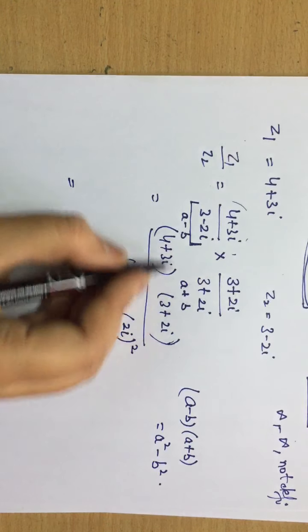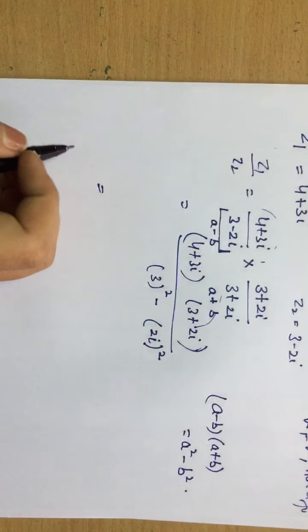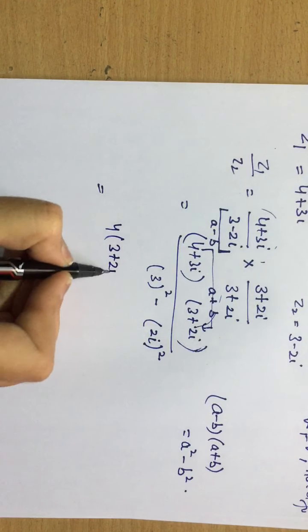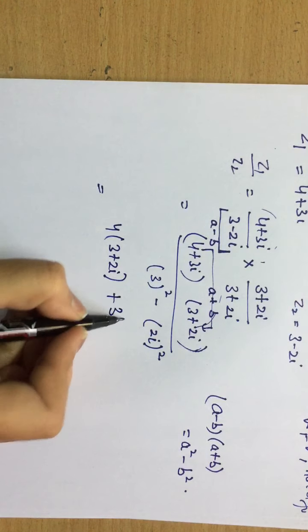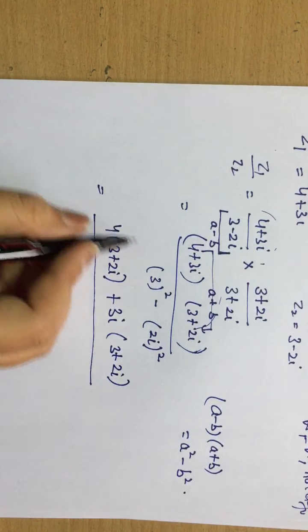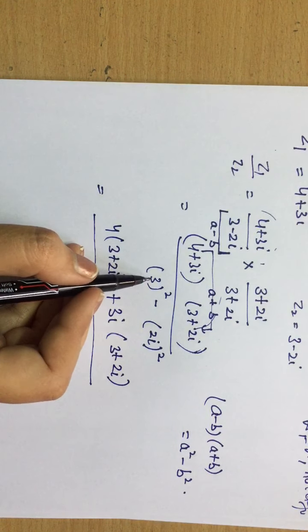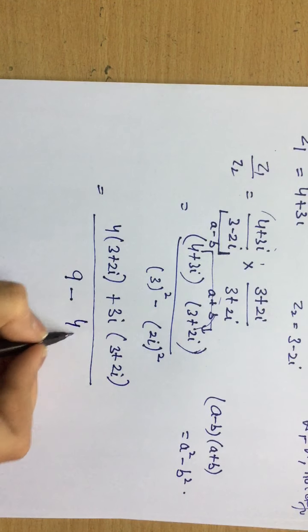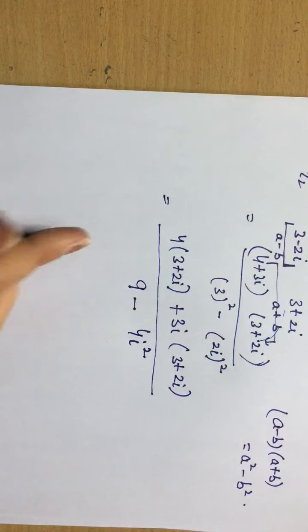In the numerator I will multiply these two terms. 4 will be multiplied with the whole bracket, and the second value, 3 iota, will be multiplied with the whole bracket. In the denominator I will simplify it: 3 into 3 is 9, minus 4 iota square.